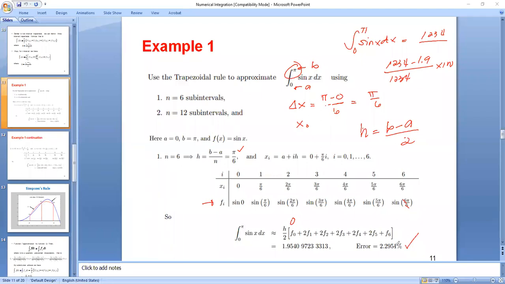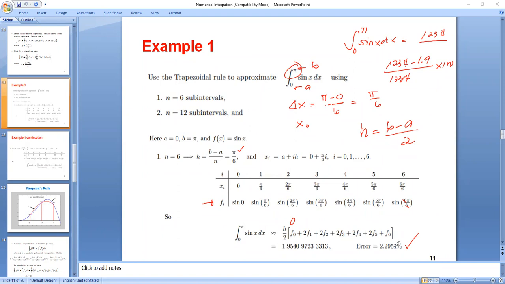Were you able to get it? Miss, will the answer be negative?